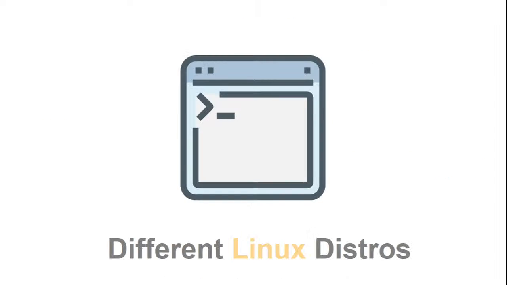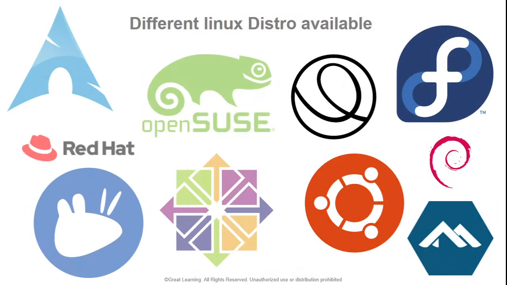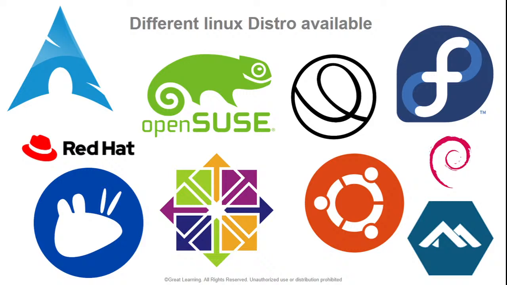So if we give you different examples, we have a lot of operating systems. Some of you may know about Ubuntu. Ubuntu is a very popular Linux operating system that comes already installed in some Dell laptops or some laptops. Then you have other operating systems like Red Hat Enterprise Linux or CentOS, the community version of it.